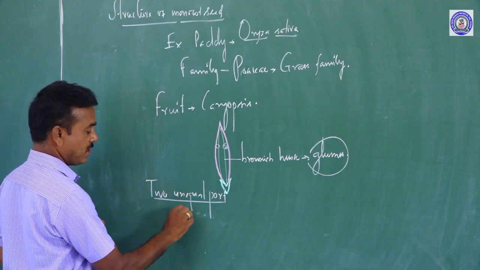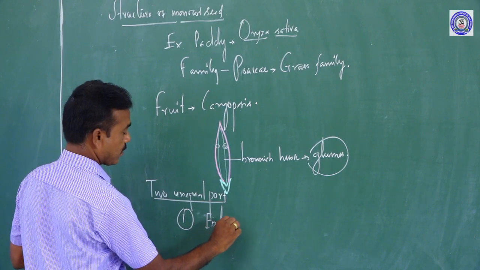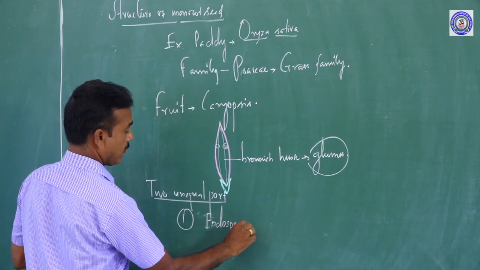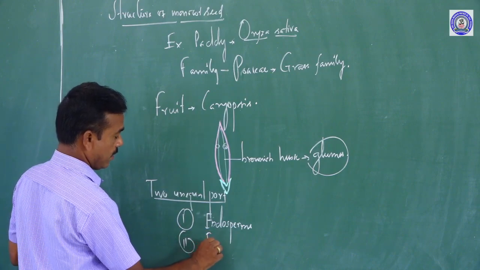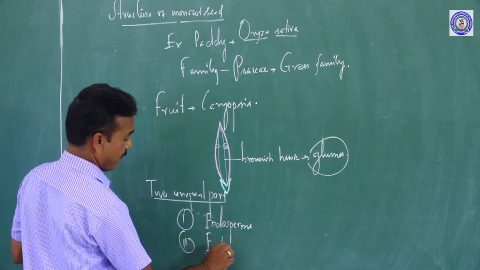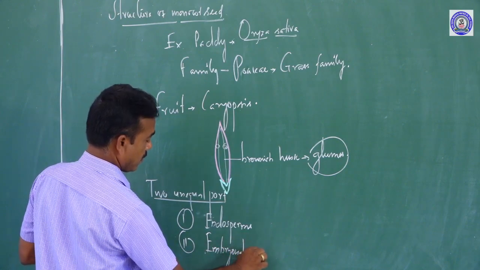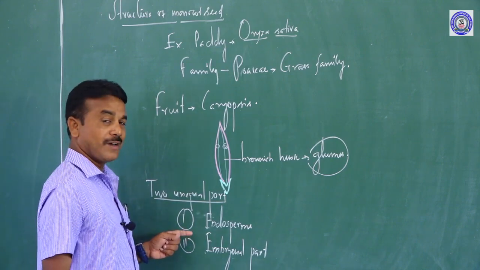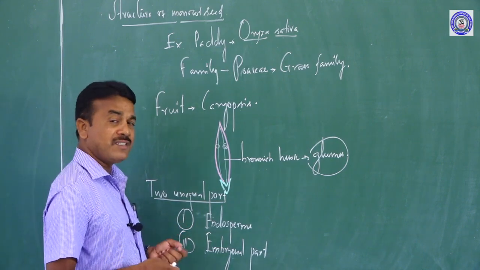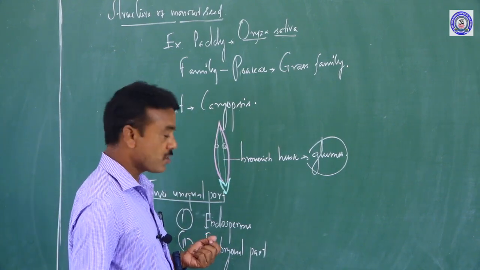The larger part is commonly called the endosperm. The smaller part is commonly called the embryonal part. So there are two unequal portions. You can see such a structure in the diagram of paddy.